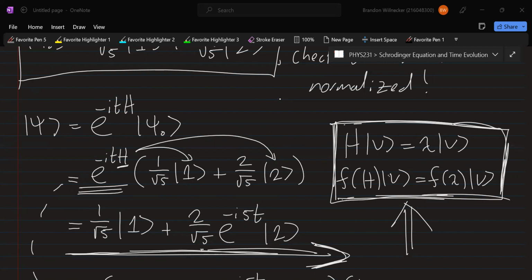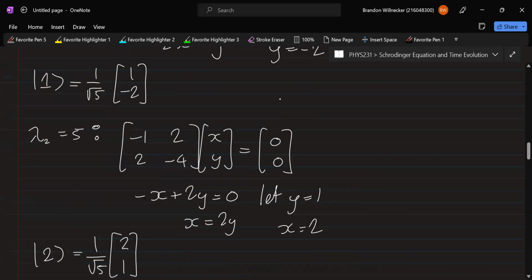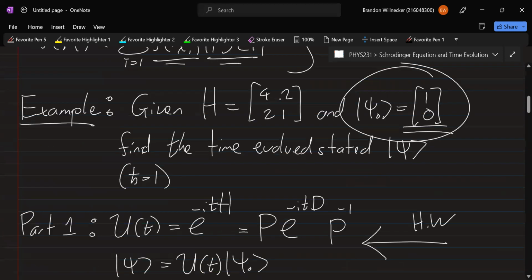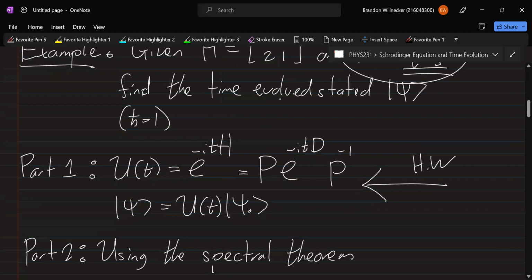You'll get the same marks in the end. And please remember to do this first way over here, using the PDP inverse diagonalization approach. Try it out that way for homework. Again, you should get the same answer.